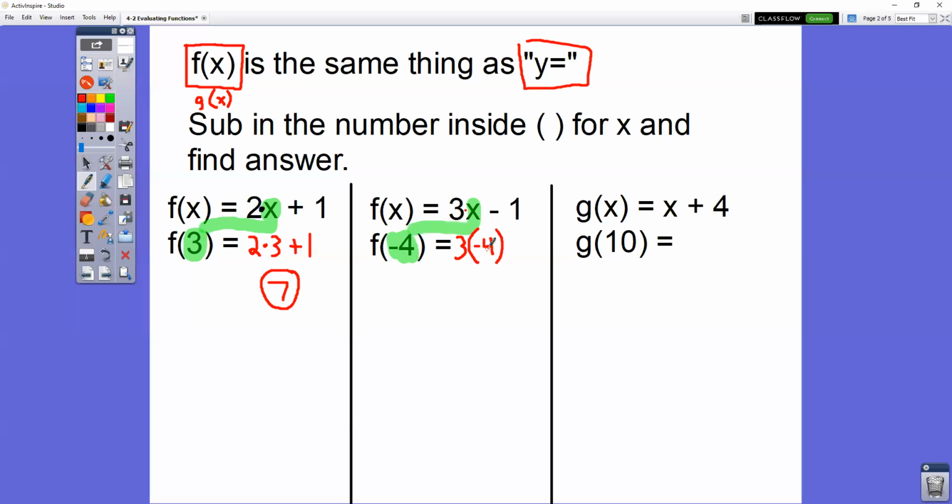So 3 times -4 like that, minus 1. Again, you could type this whole thing right into the calculator all at once. 3 times -4 minus 1. 3 times -4 is -12. Minus 1 is -13. Go ahead and try this third one on your own, please.